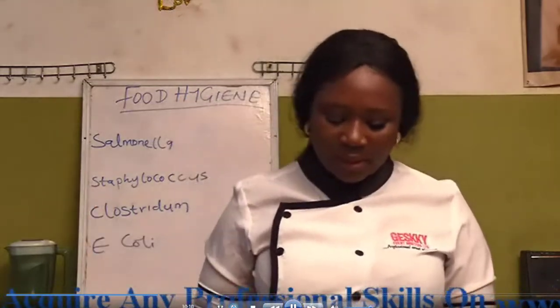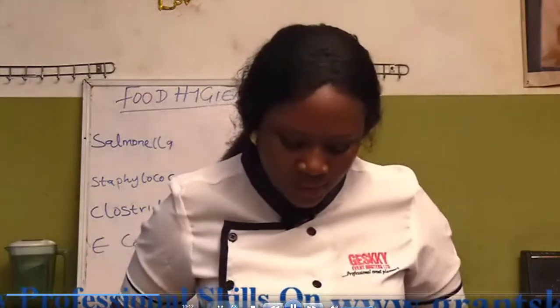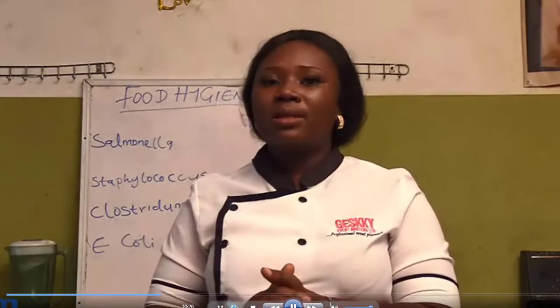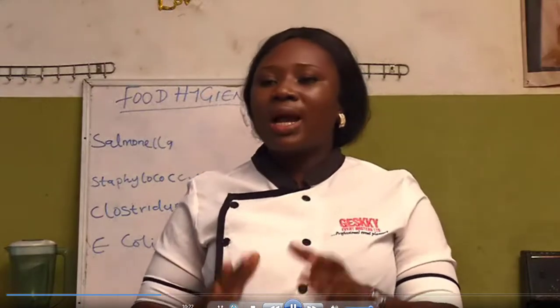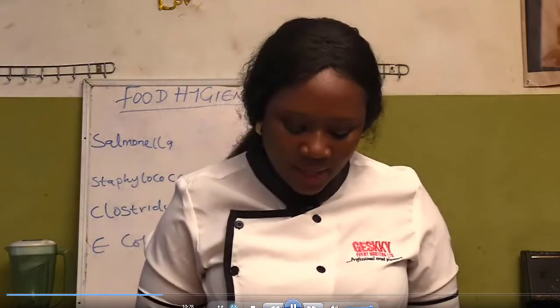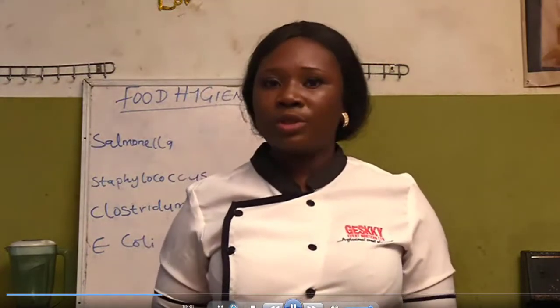Don't keep them because they could transfer bacteria into your food. Washing of hands, that is number 3. Wash your hands, equipment, and surfaces after handling raw poultry. After handling raw food or raw meat, always make sure you wash and clean your hands and working surfaces properly. Number 4, not allowing carriers of disease to handle food.